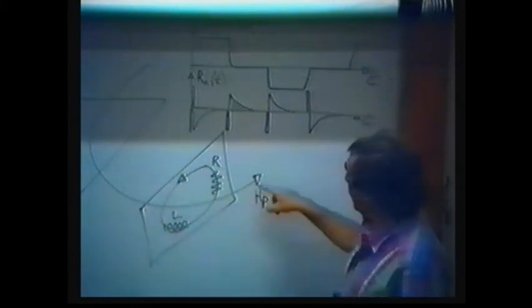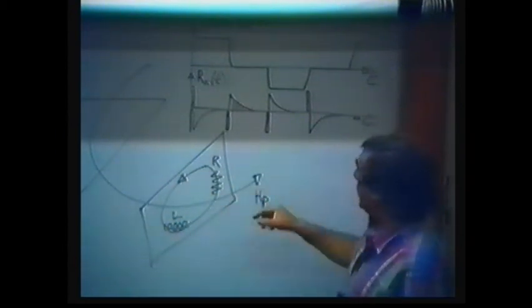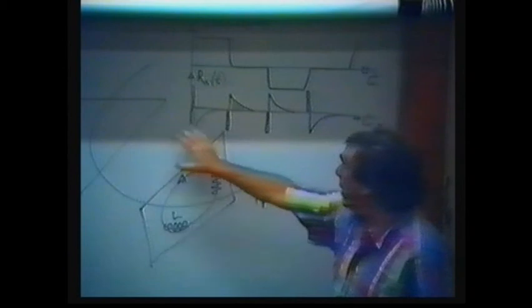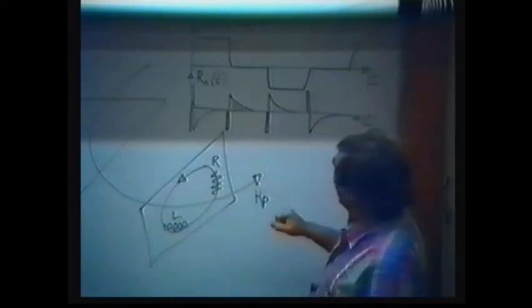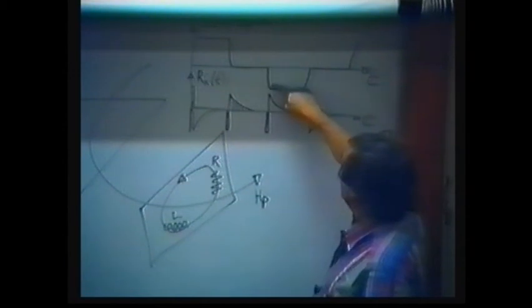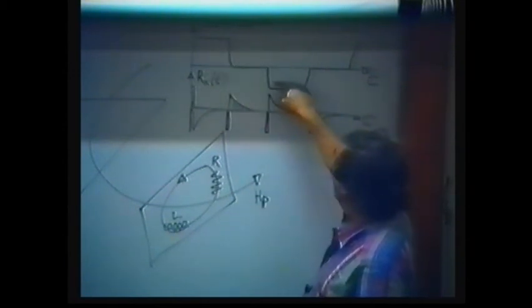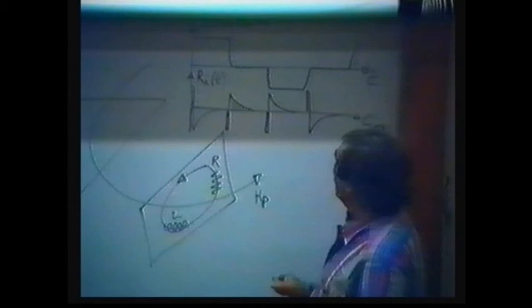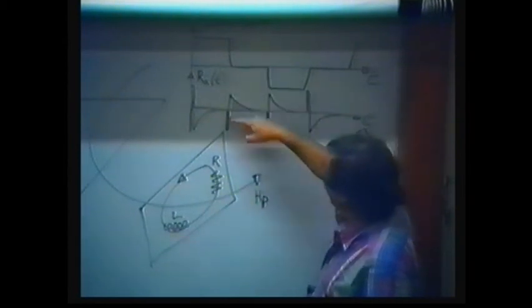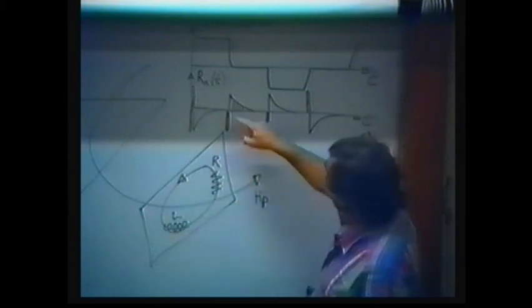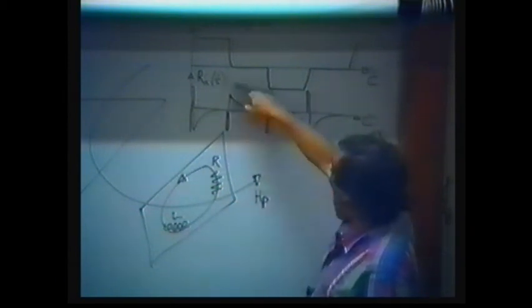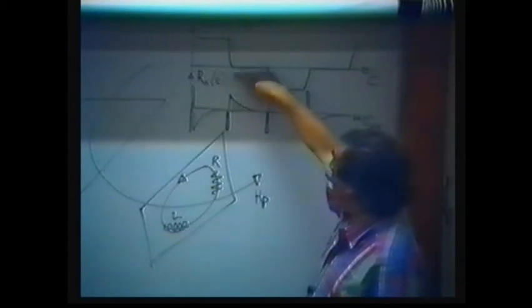So the primary field, which is intersecting the target here, note for the moment that I'm ignoring the half space. This target is in free space. The primary magnetic field looks like that. As a result of Faraday's law, at the instant that the transmitter current, and thus the primary magnetic field, change with time, a voltage or EMF is induced in the target, and the nature of the EMF from Faraday's law is minus d phi by dt.